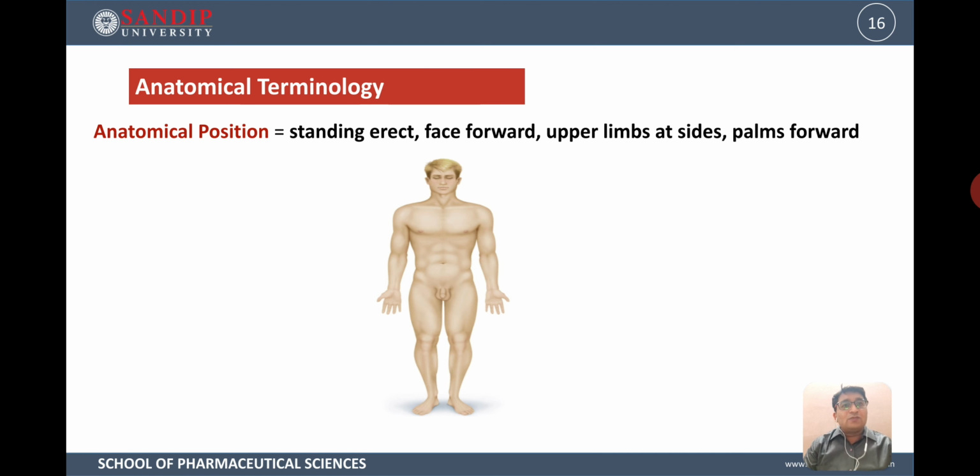Anatomical position means what, standing erect. For example, whenever all you guys stand for the national anthem, that particular position is nothing but your anatomical position. Okay, so standing erect, face forward, upper limbs at the sides and palms forward, like the photograph. You can observe the image.